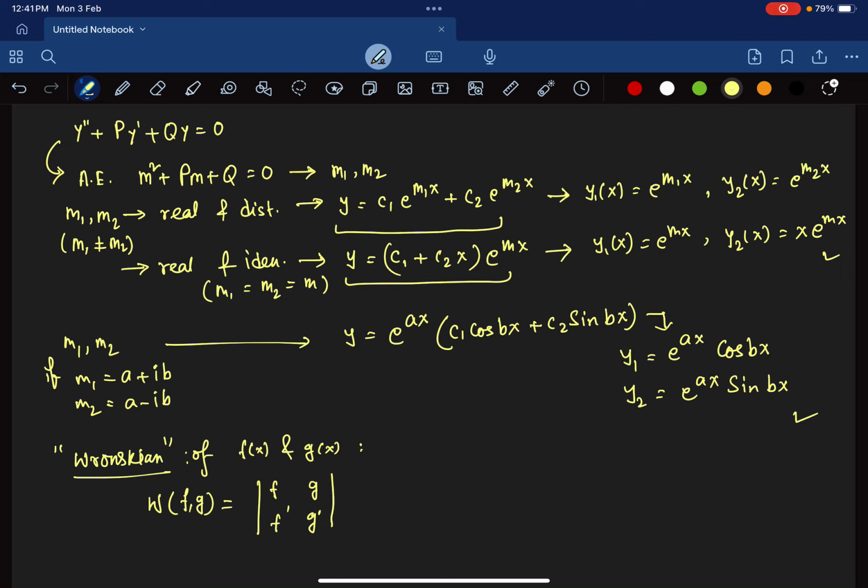This is the Wronskian value for two functions. If this Wronskian value is 0, then f and g are linearly dependent. If non-zero, then f and g are linearly independent.